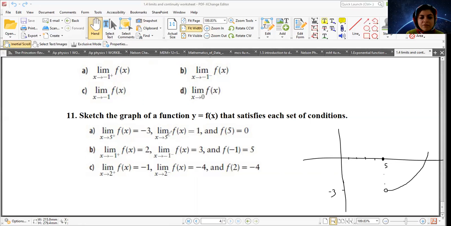Now from the left it needs to approach 1. So again, 5, 1. I can draw anything as long as when x approaches 5, y approaches 1. That's for A.